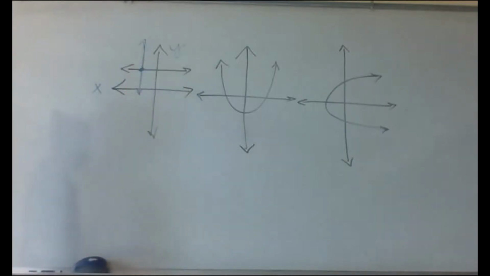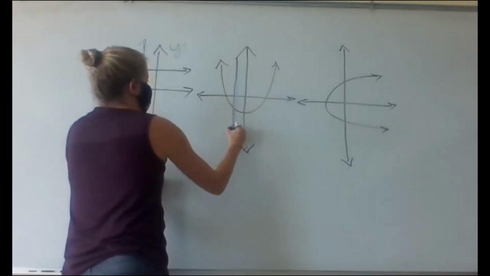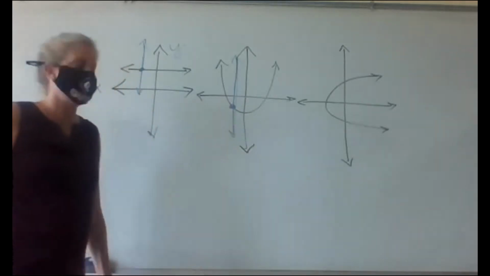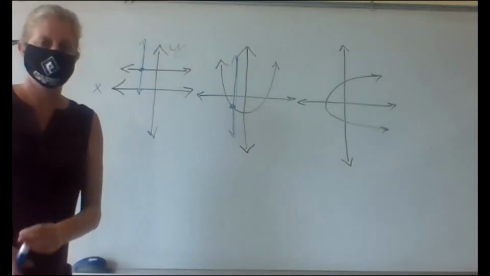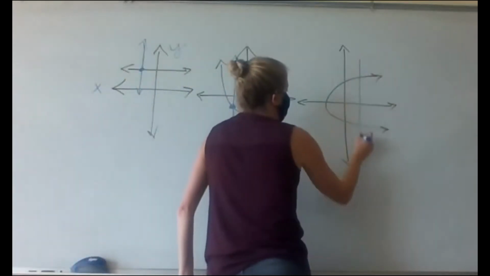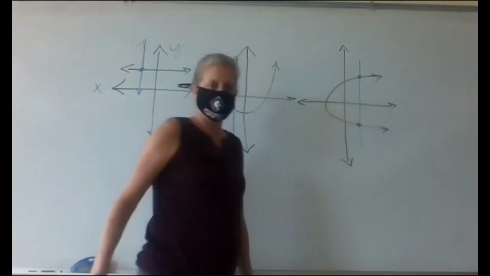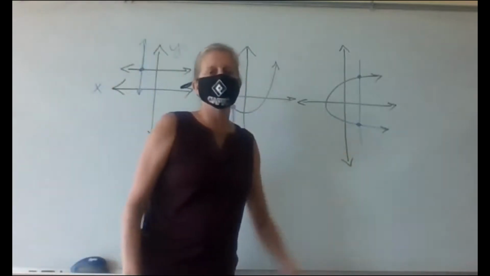So yes, that is a function. What about this one? No matter where I draw a vertical line, it's only going to touch that shape one time, right? It doesn't matter where I put that vertical line. It's only going to touch it once. What about this last one, though? How much did that vertical line touch it? Twice. So this was a function, but this was not.